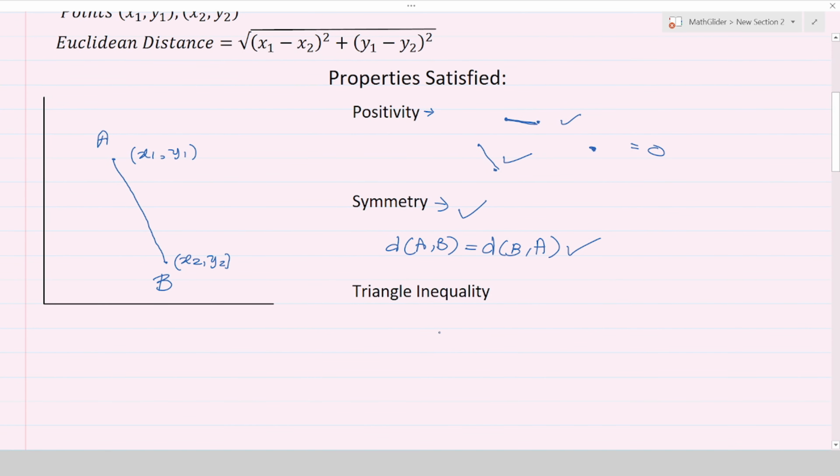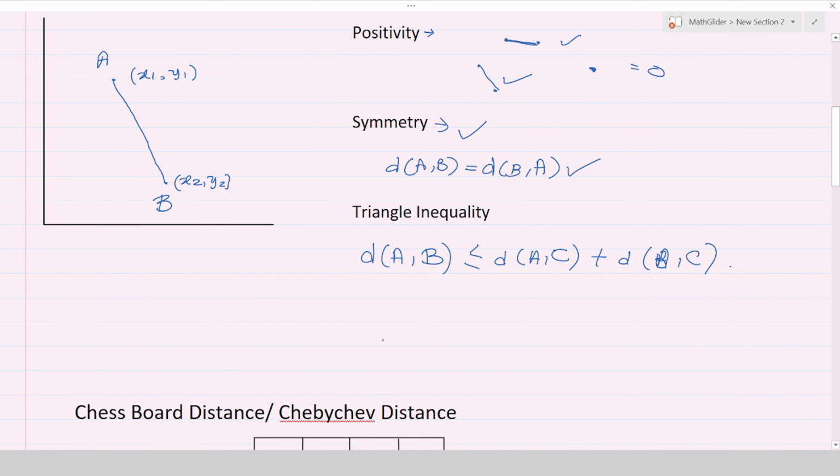Now let us see the triangle inequality property. You know what the triangle inequality property is, in the usual sense?